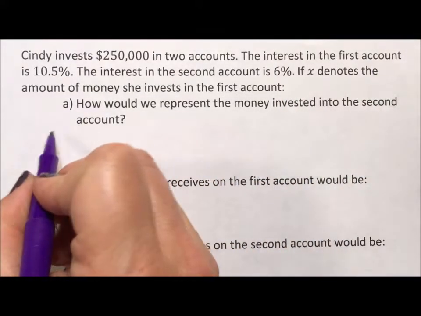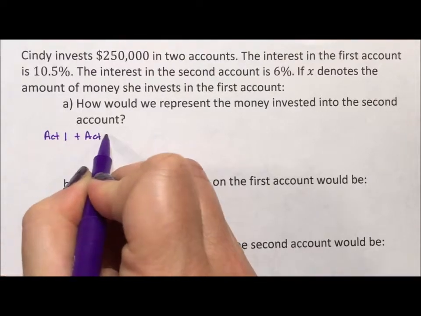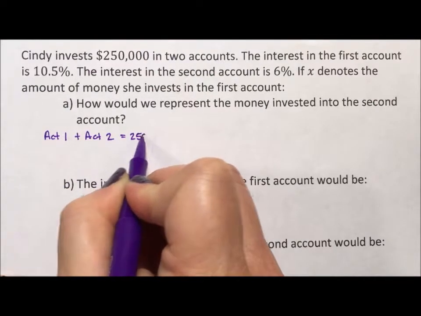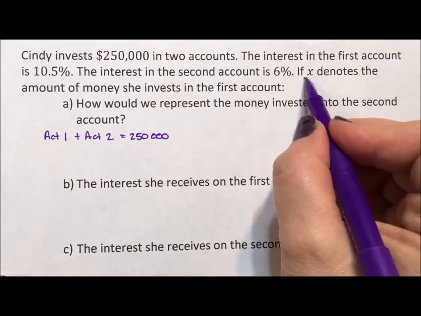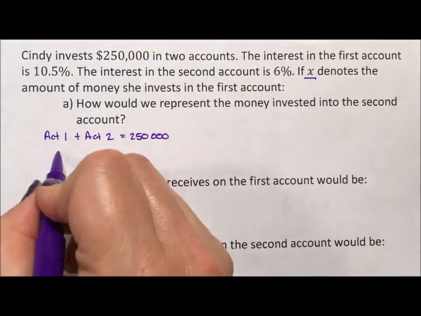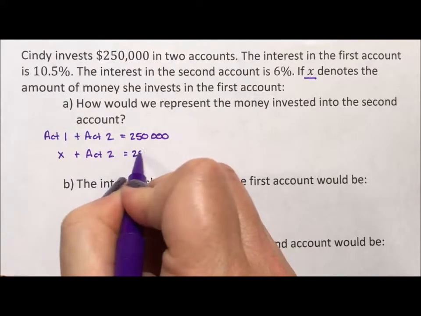All right, so account 1 plus account 2 is $250,000. Well, we're told that let X denote the money in the first account. So X plus the second account is $250,000.